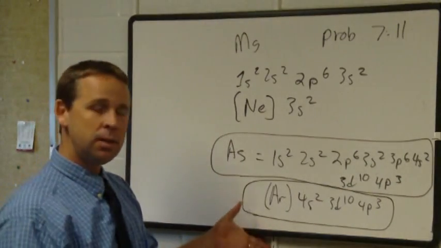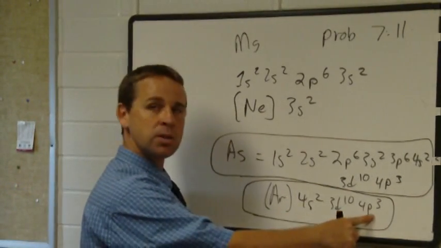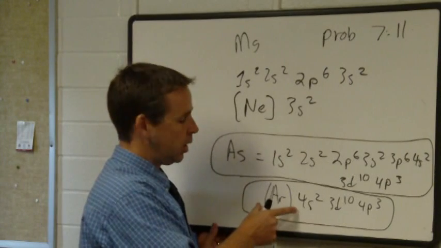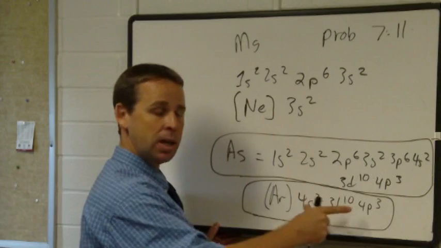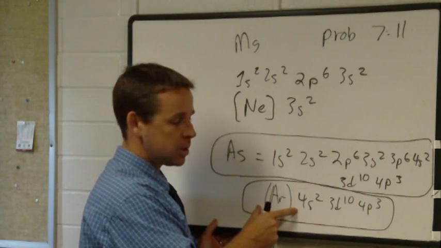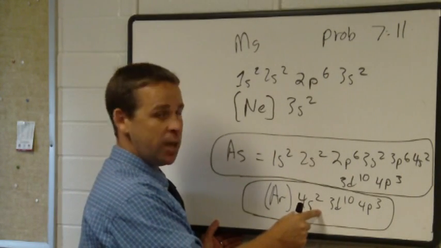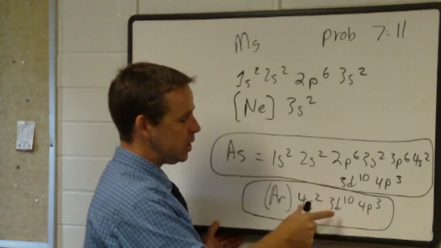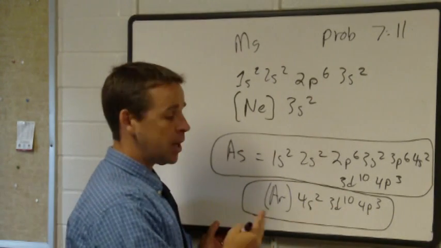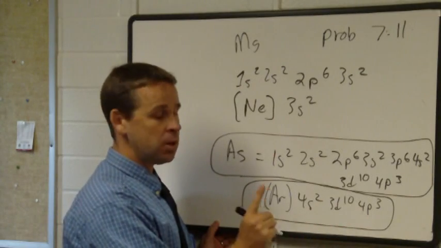Now in the abbreviated form, it's easy to see the electrons which are outside the core. This is the argon core, and as these electrons move up and down, this core is going to be pretty much the same. 4s2, 3d10, 4p3, these are the ones that are outside. Are all of these valence electrons?